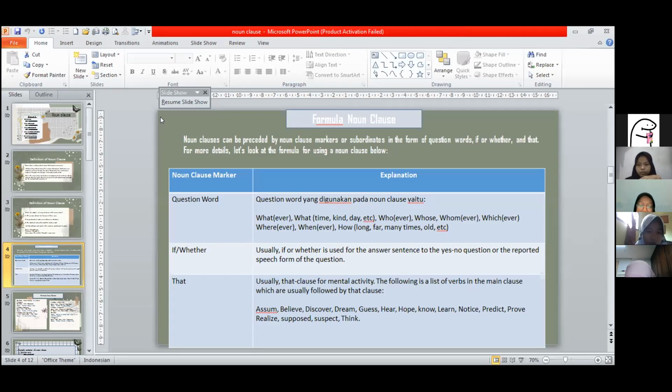And the noun clause marker with that: the explanation is usually the clause for mental activity.